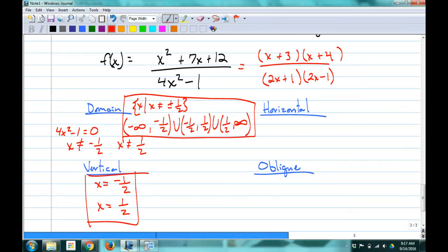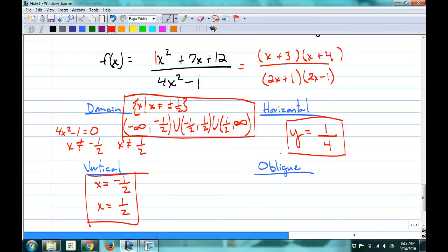What's the leading coefficient up top? The leading coefficient's 1. Leading coefficient on the bottom is 4. The leading coefficient is the number in front of the term that decides the degree. So there is a horizontal asymptote at y equals 1/4.